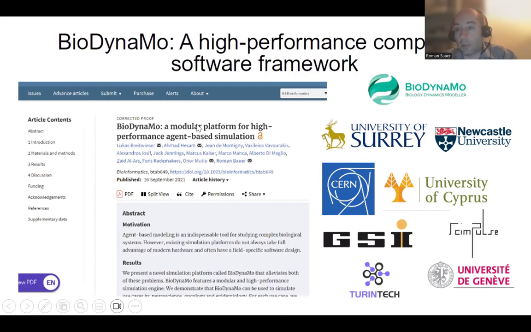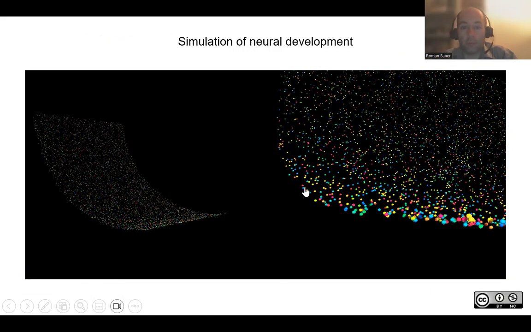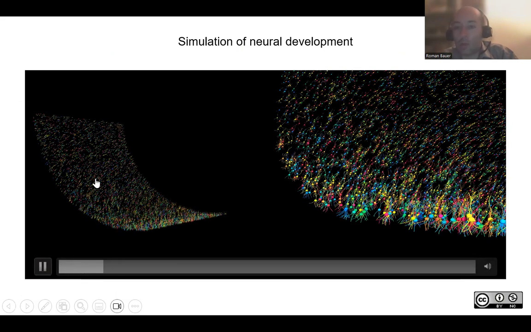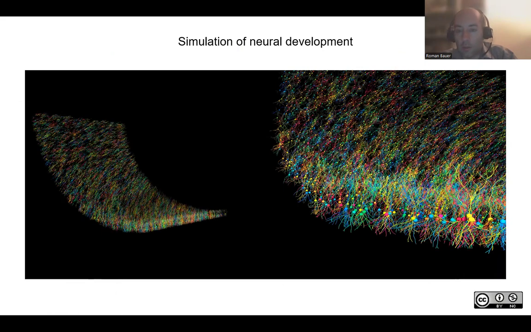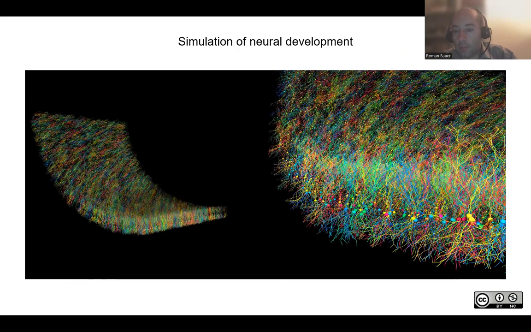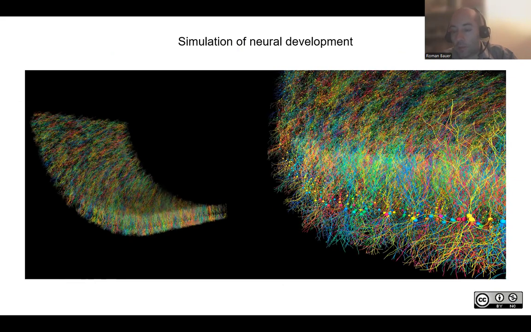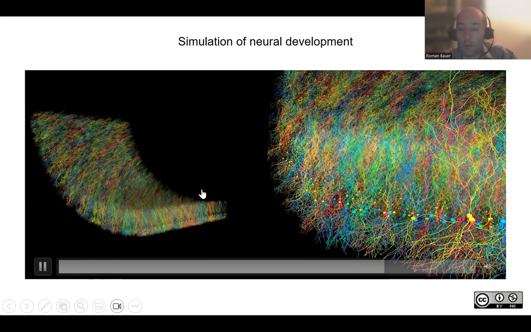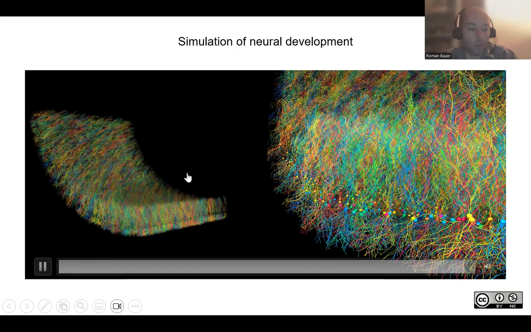And also this Biodynamo software is very performant from a computational perspective. And just to give an illustration of this, here you can see many thousands of neurons that grow and that really generate this kind of morphologies that are much closer to the actual neuronal anatomy that we observe.